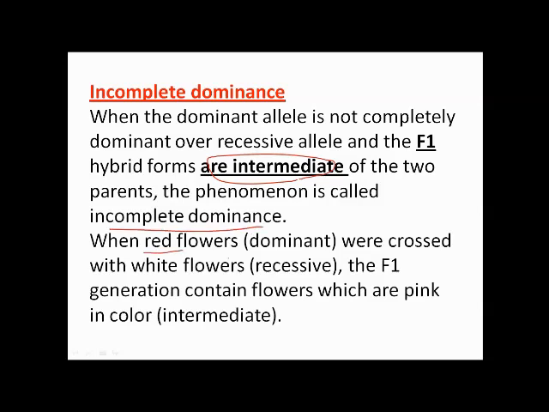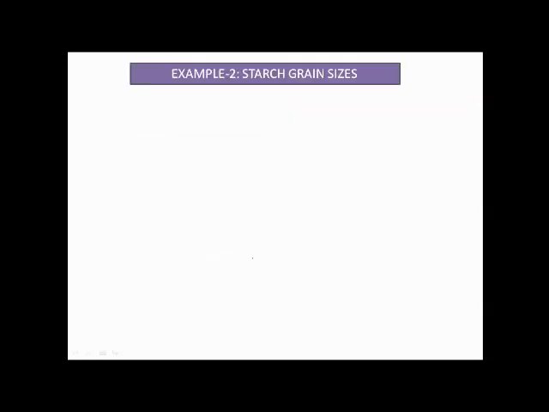Here, this is the example of this phenomenon. Now, we can have one more example of this, which is about starch grain. There are two parent plants, one homozygous dominant and another homozygous recessive. The homozygous dominant produces large starch grains, and the homozygous recessive produces small size starch grains.